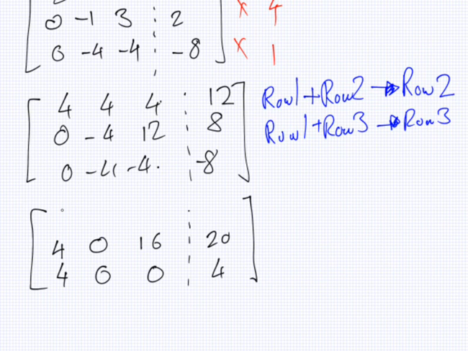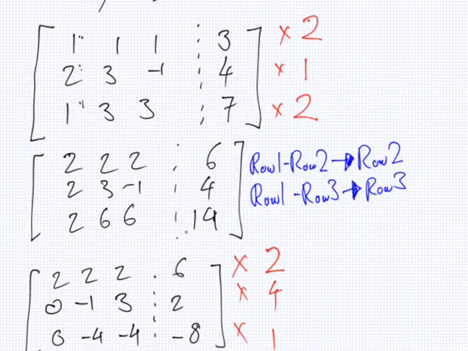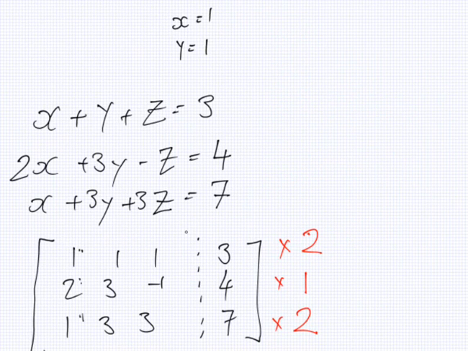So 78 minus 0, 78. 117 minus 117, 0. 195 minus 117 is 78.